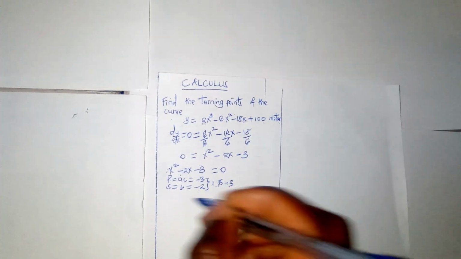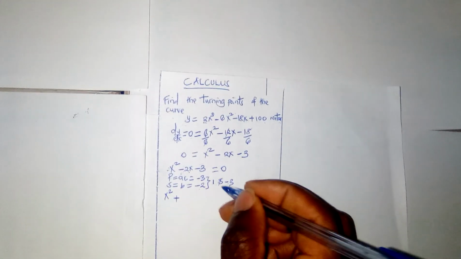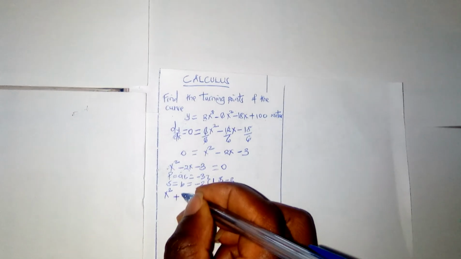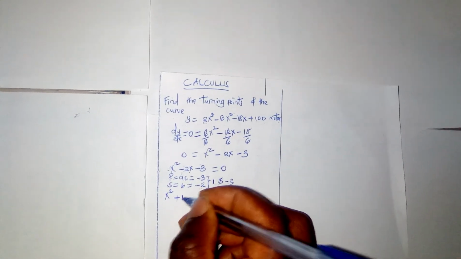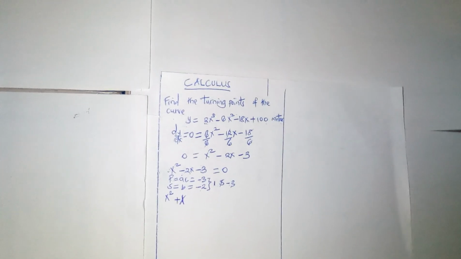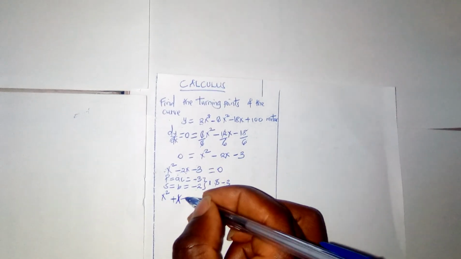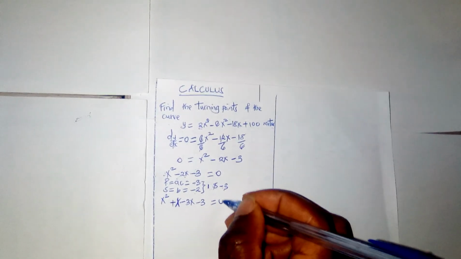The next step shall be x squared, plus 1x, which is just x, then negative 3x, then the constant negative 3 equals 0.